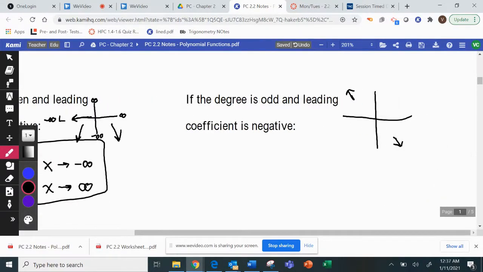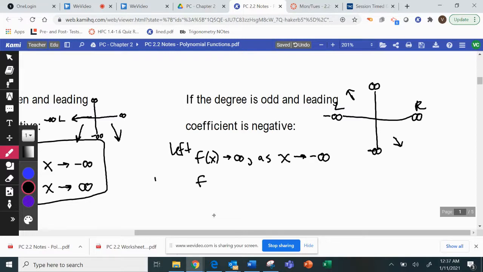And then the last one, so I'm going to start with the left. And I actually think this is helpful to put these in. I wasn't thinking about it earlier. I'm going to start with the left, and the f of x is going up, so positive infinity, as x is always going to negative infinity on the left.